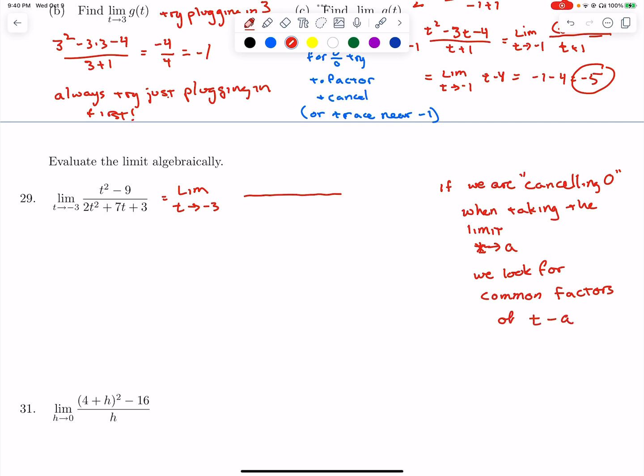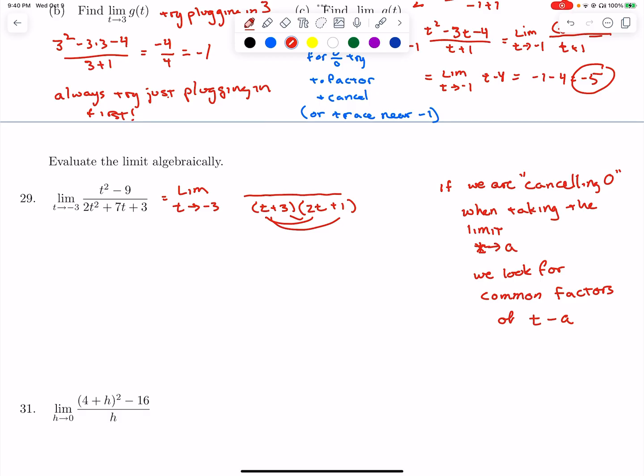So if t equals a gives me the problem, then t minus a must be the factor. t minus -3 is t plus 3. So let's try t plus 3 as the other factor. Let's see, 2t must start with 2t and must end with 1. Double check by foiling. Sure enough, that's 2t squared plus t plus 6t is 7t.